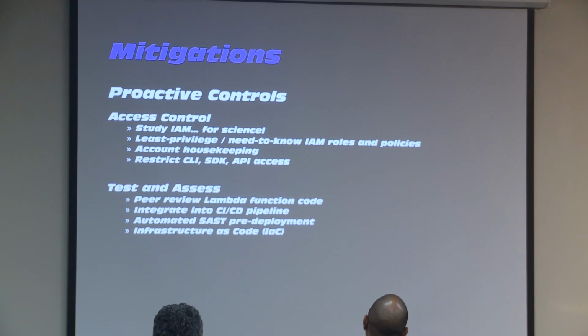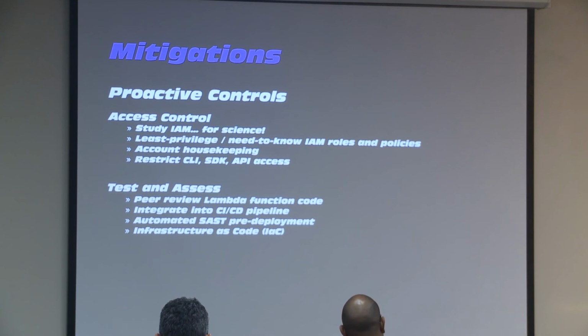If you're setting up IAM permissions, AWS gives you that deny by default, least privilege model. Just be sure you're not going in and giving any excessive access through roles and policies. Good housekeeping: if someone leaves the company or whatever, make sure their account is deprovisioned.